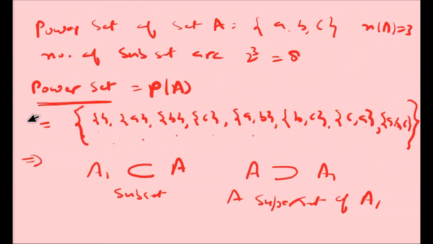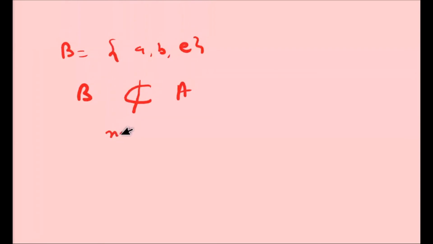Now if we take any set B, that is {A, B, E}, this is not a subset, so we write it is not a subset of set A. So if members are not taken from set A, then it is not a subset of set A. Understanding? Okay students.